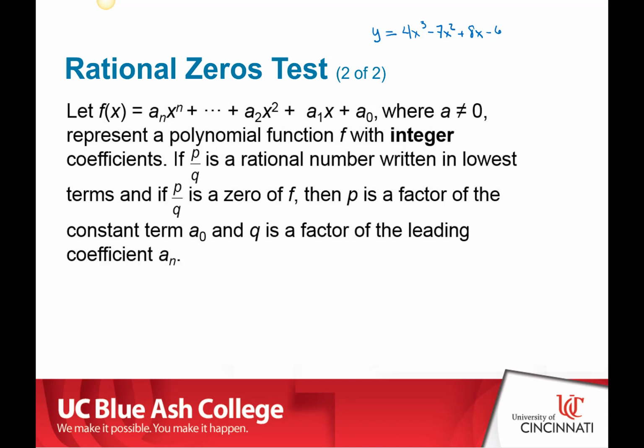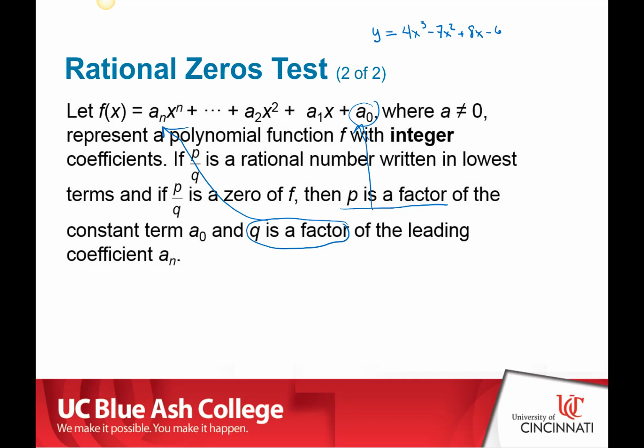If p over q is a rational number, then it's a 0. Now wait a minute, what's p over q? P is a factor of the constant term, so p comes from the constant, and q is a factor of whatever your leading coefficient is.